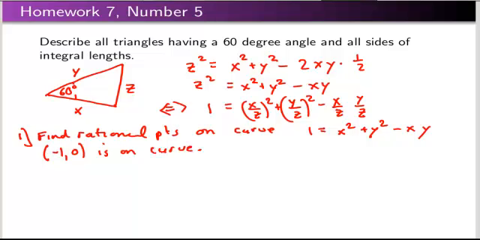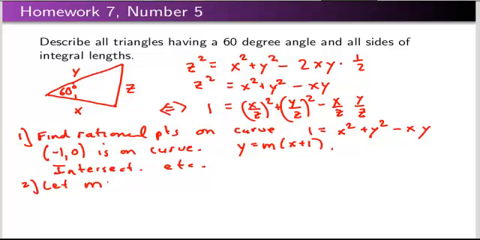Y is 0, x is negative 1. So then we draw a line through that point, intersect it with the curve, etc., and find the second point of intersection, and then let m equal a over b, with a and b relatively prime.